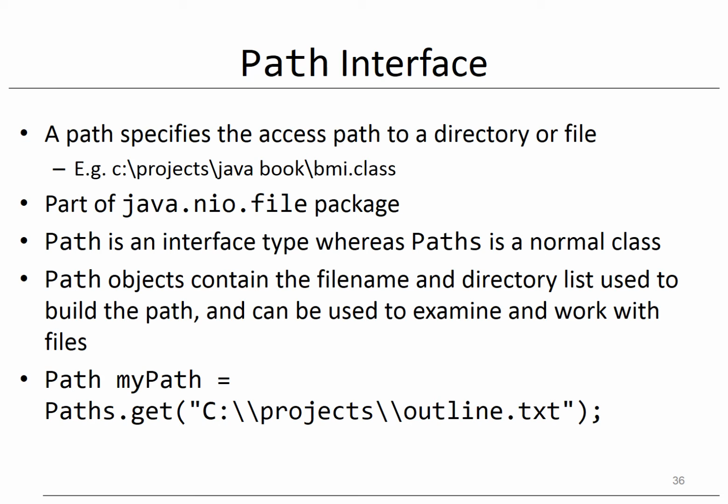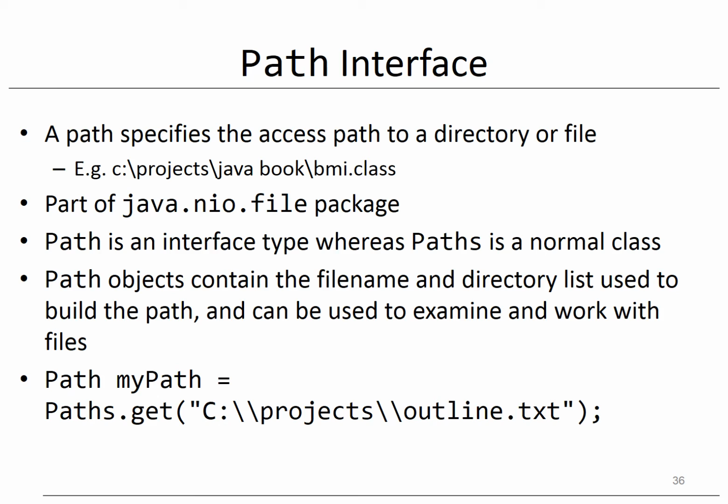The Java Path interface is part of the java.nio.file package. Paths is a normal Java class which implements the Path interface. Path objects contain a file name and directory list used to build the path and can be used to examine and work with files.